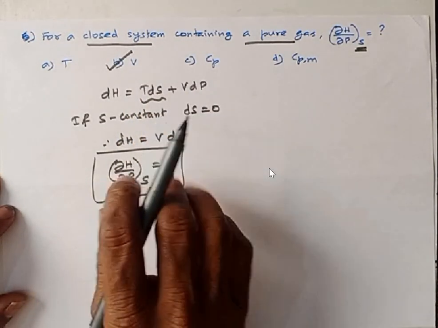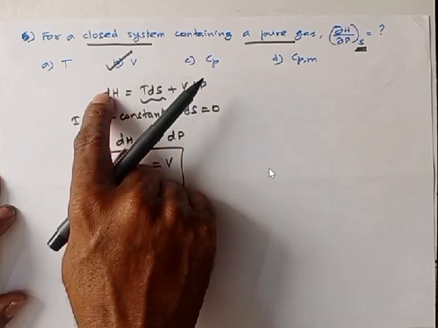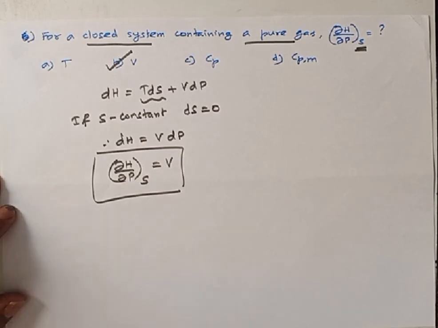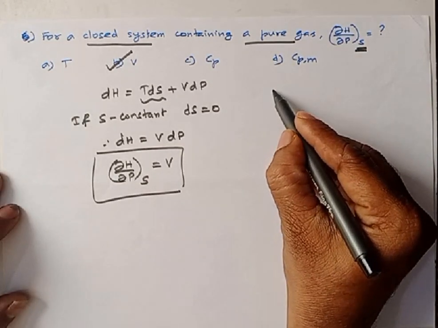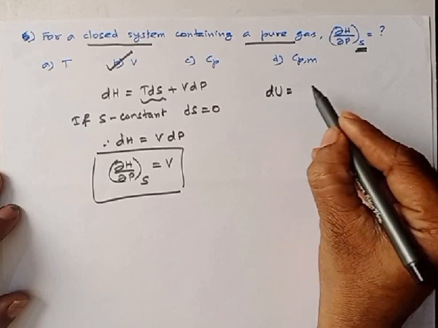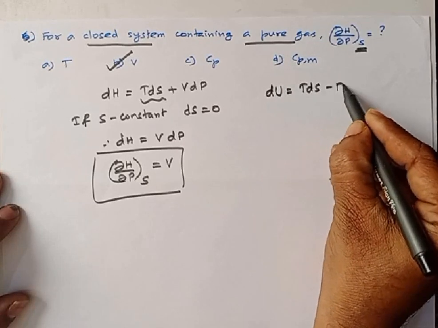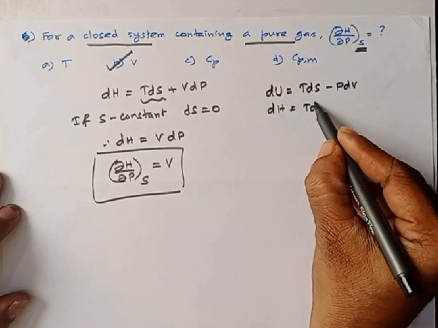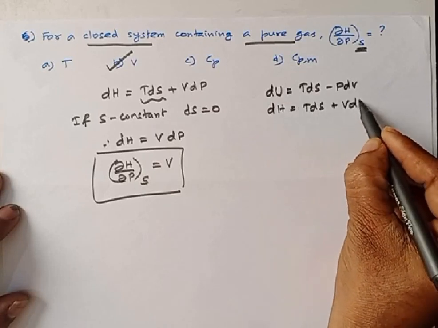Very simple question, but you should remember the standard thermodynamic equations. There are four standard thermodynamic equations available. Let me write them here. Change in internal energy equals TdS minus PdV. Change in enthalpy equals TdS plus VdP.